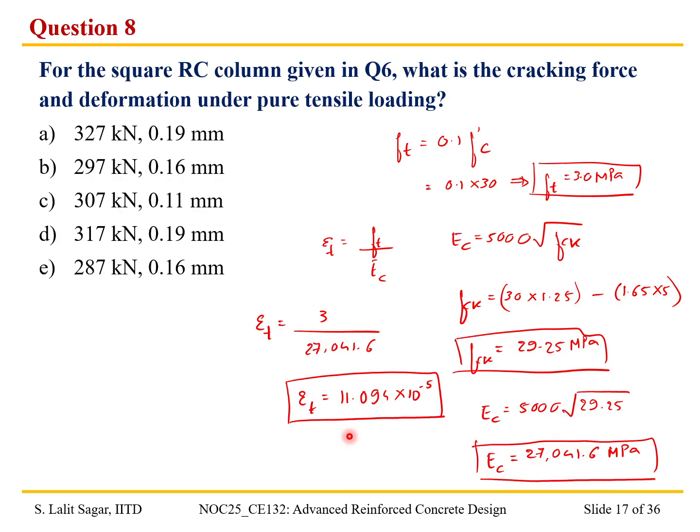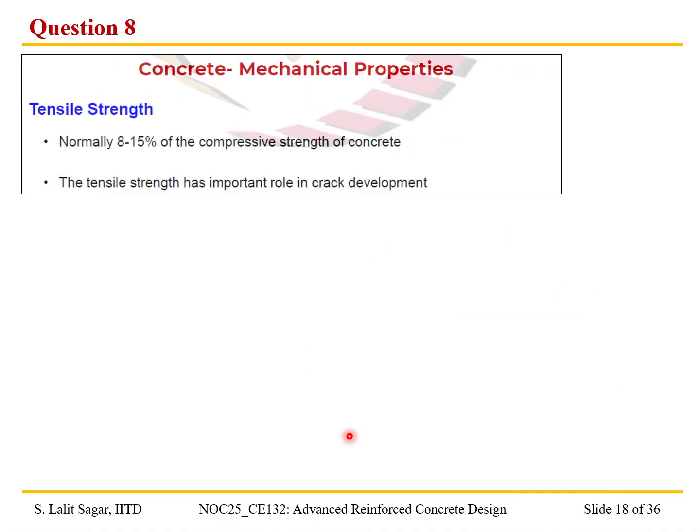Now let us go to the next slide and solve the remaining problem. We'll come back to the answer later on. So we have P is equal to FCT into AC plus Fs into AS.